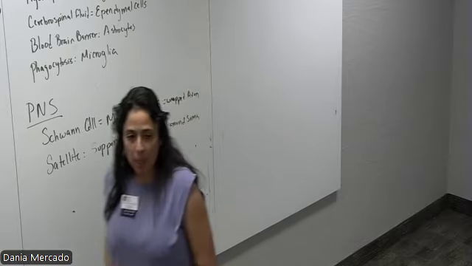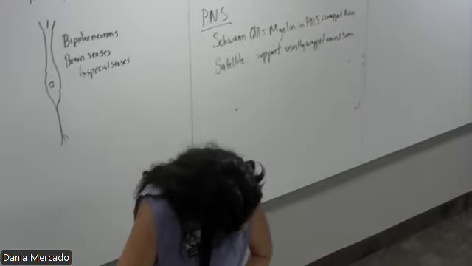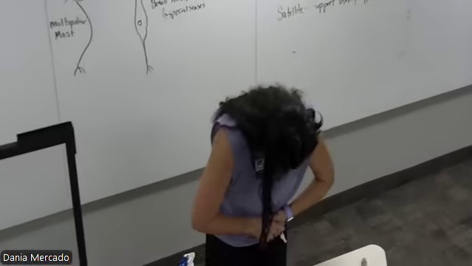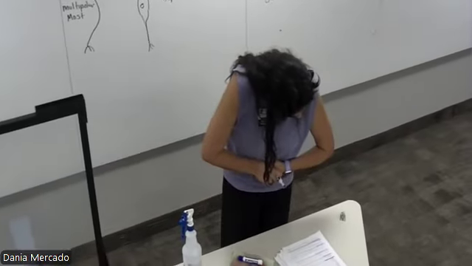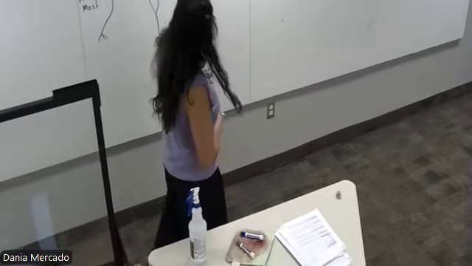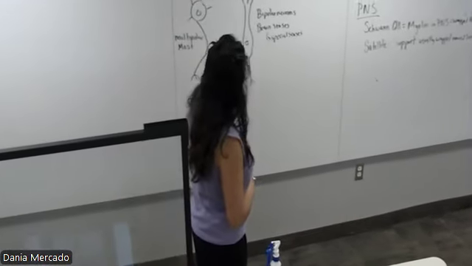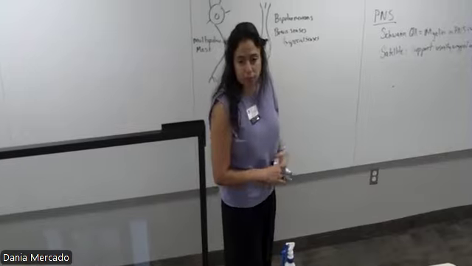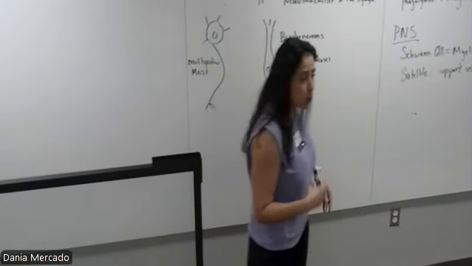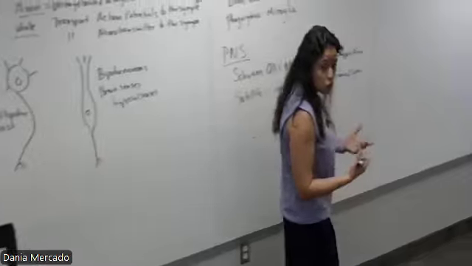Okay? So those were the basic cells of the nervous system. All right. In terms of neurons, we also have three different types of neurons when we're talking about the circuitry.